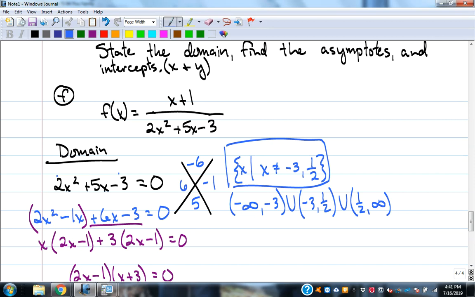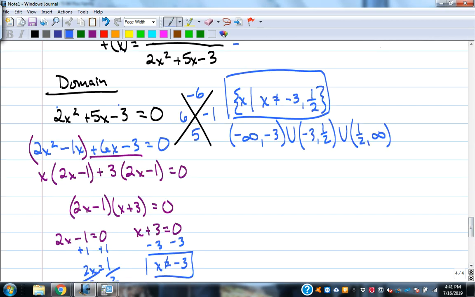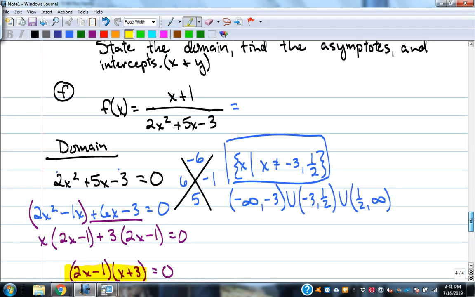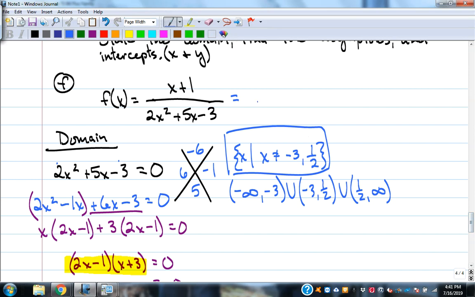Okay. All right. So now that I've found the domain, that's when I go to simplify the fraction if possible. So what I do is I use the factored form that I had right here. I'm going to use that because I've already done the work of factoring it. If it's going to simplify, it'll simplify using that factor.